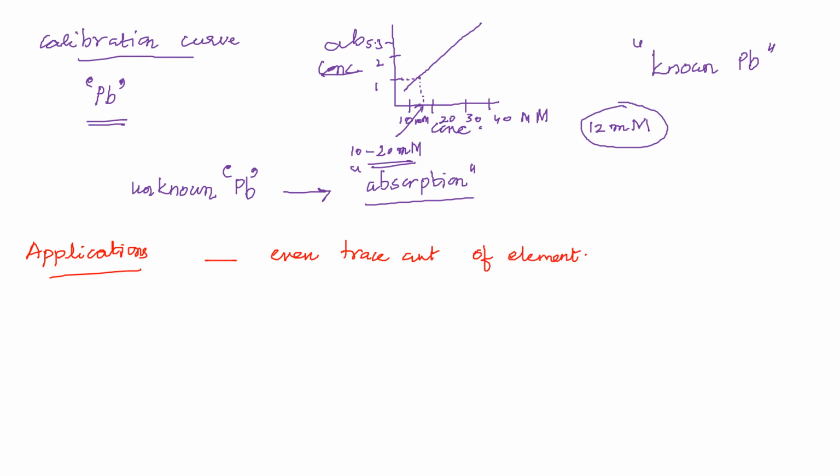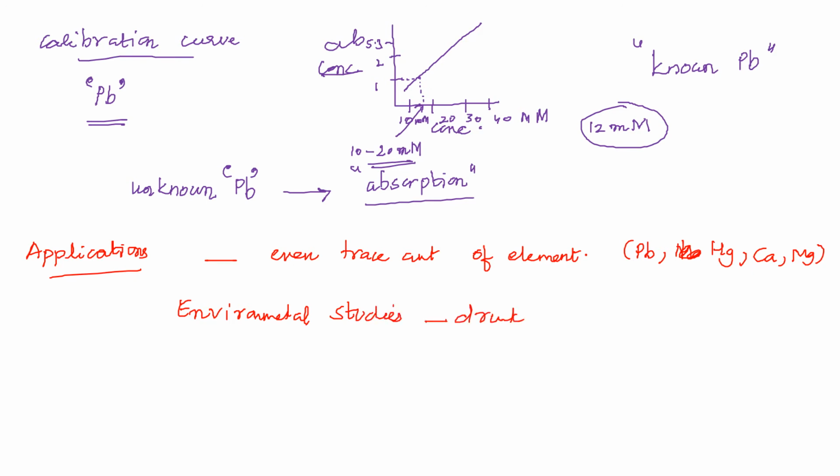So that is the main importance of AAS, and the elements that are mostly determined using AAS are lead, mercury, calcium, magnesium, etc. And moreover, the areas of application are in environmental studies, especially in analysis of drinking water, soil, etc.